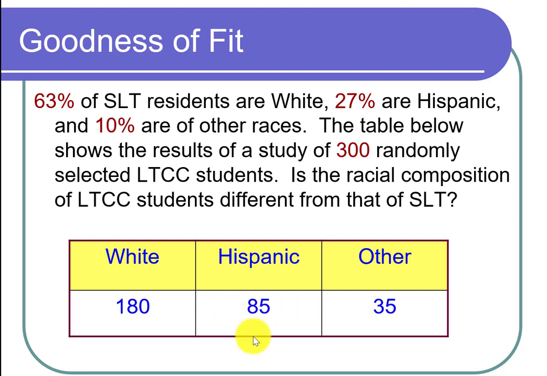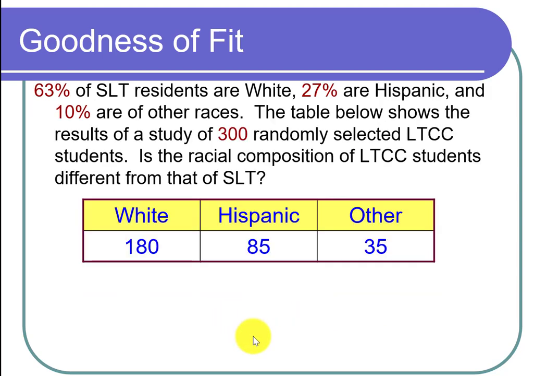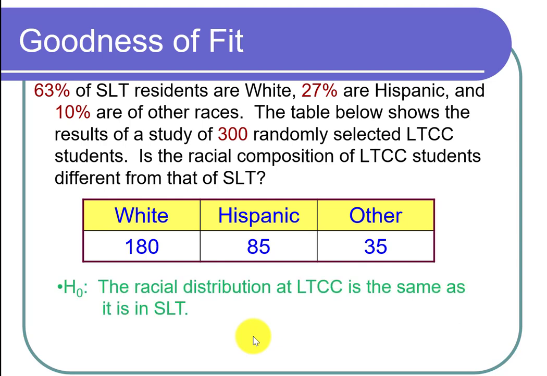So let's start out by writing out the null hypothesis. And that is the racial distribution. Notice the word distribution. The racial distribution at Lake Tahoe Community College is the same as it is in South Lake Tahoe.